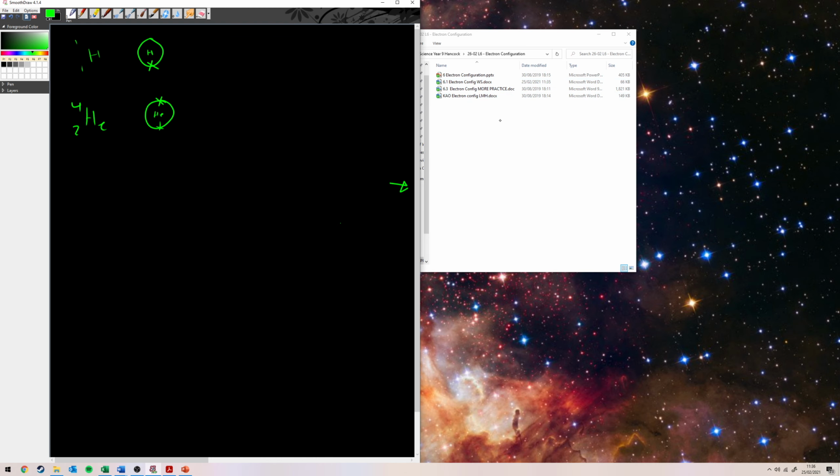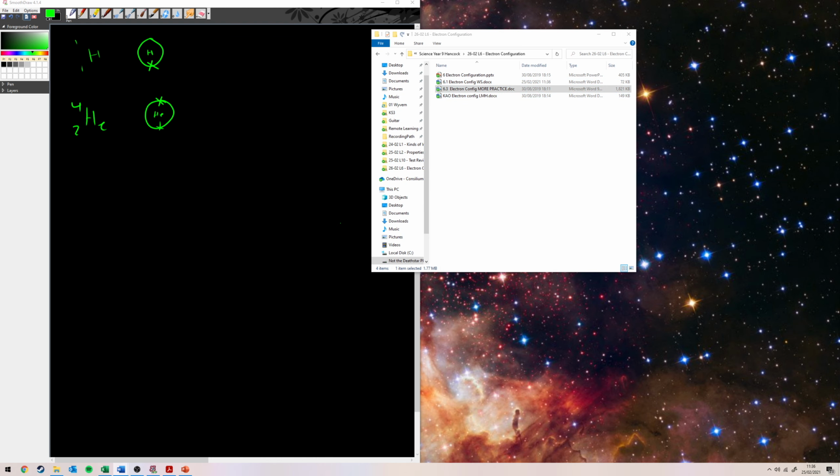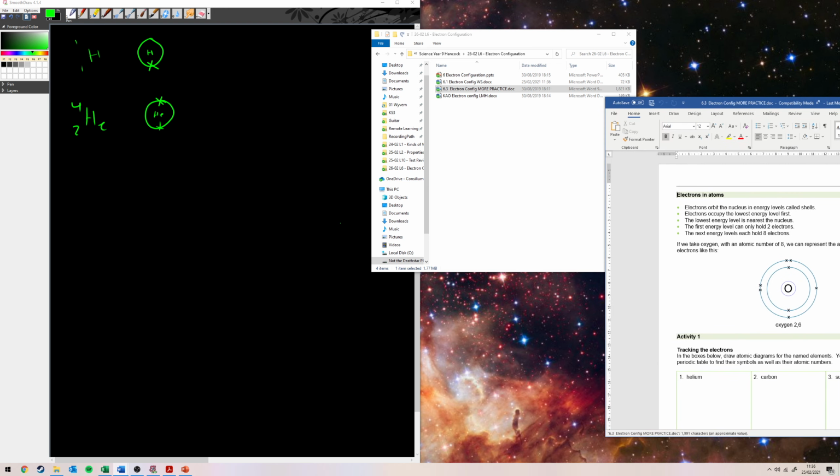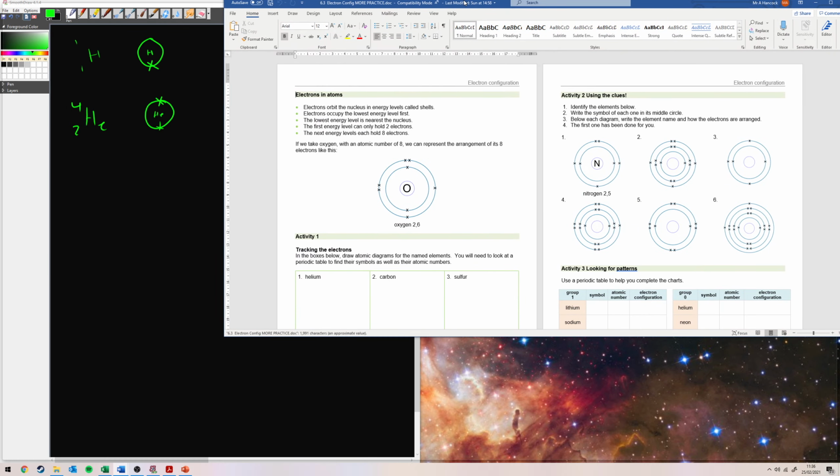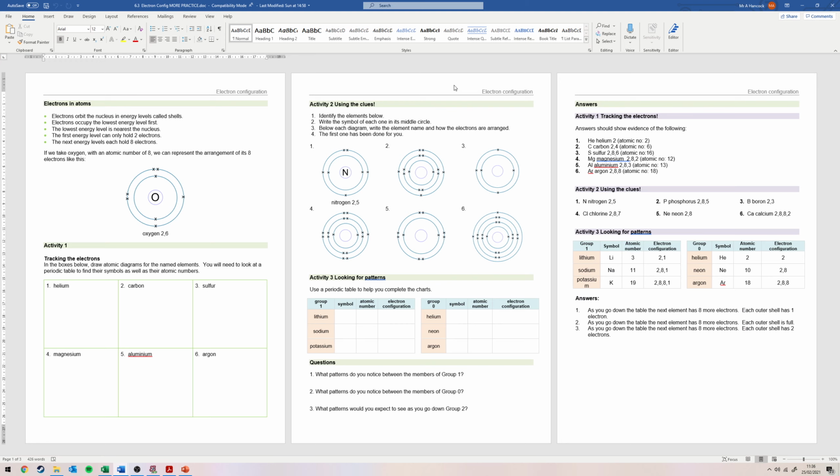Now, this one, after you've done that first task, if you are absolutely fine and you are good at drawing the structures, you can stop. If you are just completely stuck, okay, this takes it up in stages. Skip activity 1 and go straight on to activity 2.